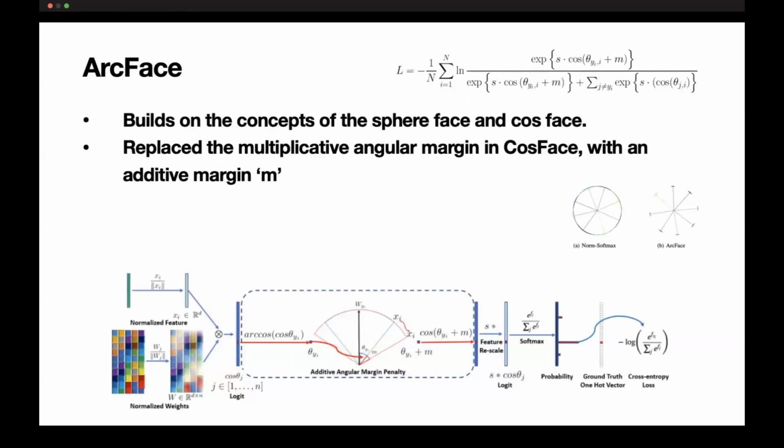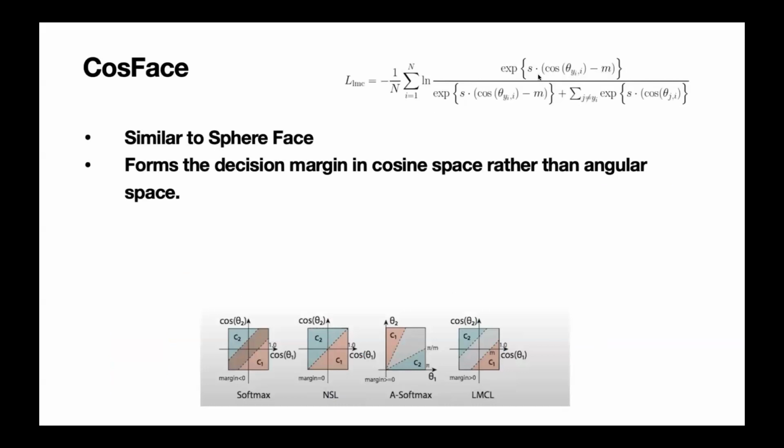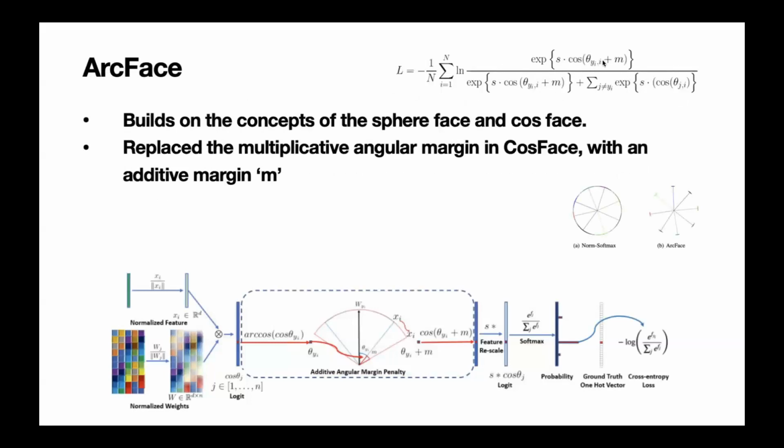So ArcFace, as I was saying, is also very similar to SphereFace and CosFace. The difference you could probably see over here is that the margin is subtracted after taking the cos of theta_yi. But in the case of ArcFace, you are actually adding this particular margin in the cosine function itself. So there are only minute differences between them, but we have seen that this multiplicative angular margin was replaced, and this additive margin actually gave better results.